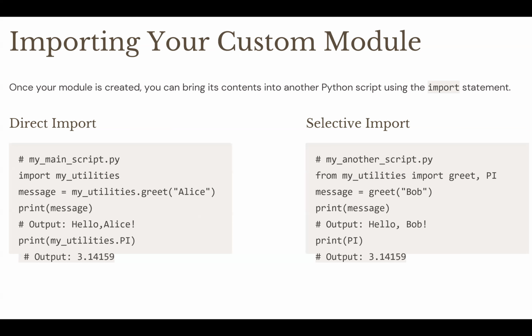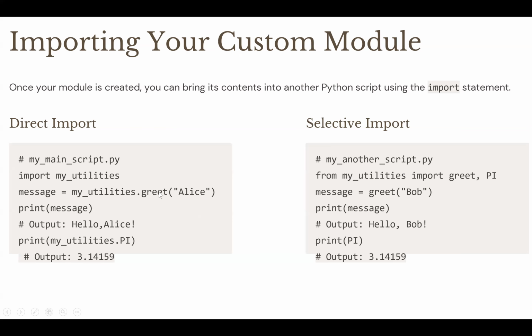In the previous slide we have seen how to create it. Here import is a keyword to import any module. Then in our script, I have written message equal to my_utilities.greet, where greet is a function under the module my_utilities.